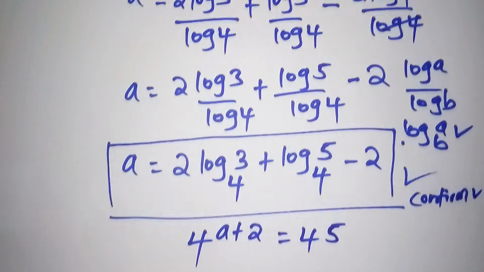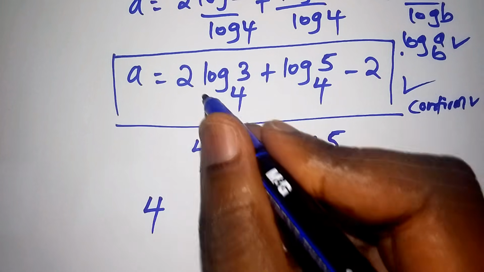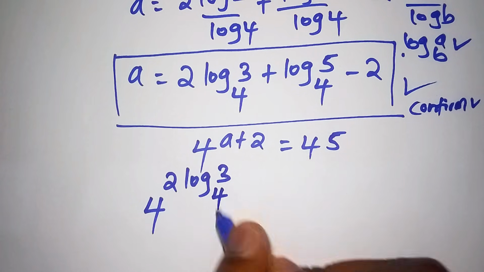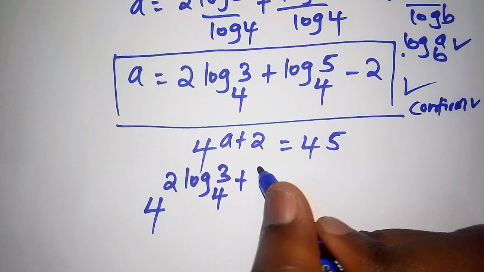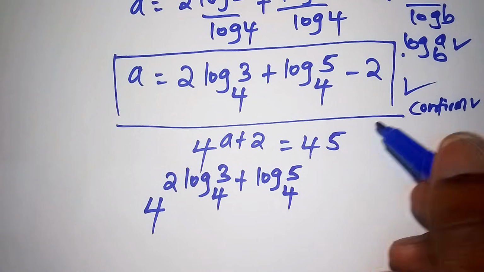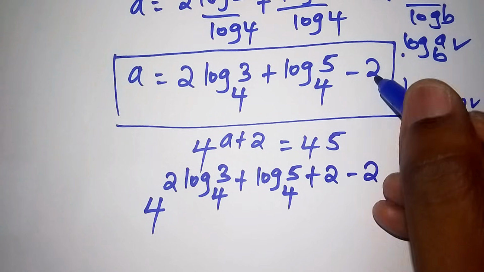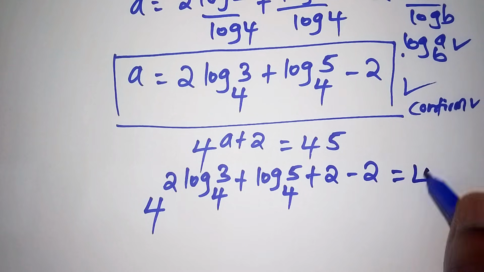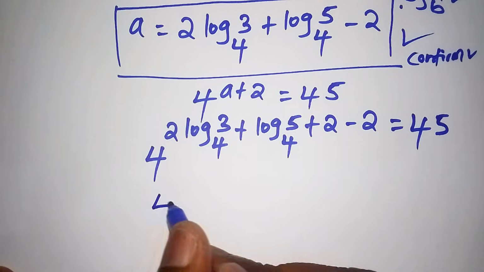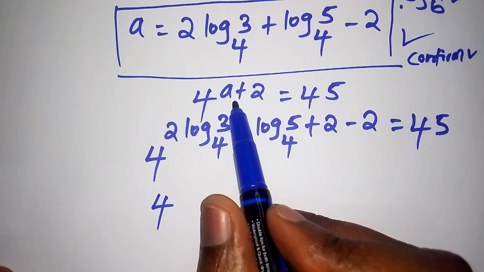So let's work it out by saying that we now have 4 to the power of a, where a is 2 the log of 3 to the base of 4, plus the log of 5 to the base of 4, then plus 2, then minus 2, and this is equal to 45. Next, 2 log 3 is like having the log of 3 to the power of 2, that is 9.